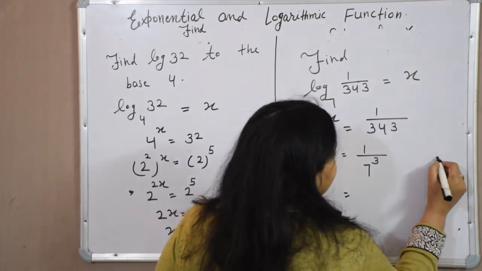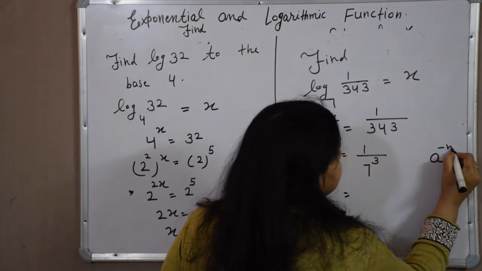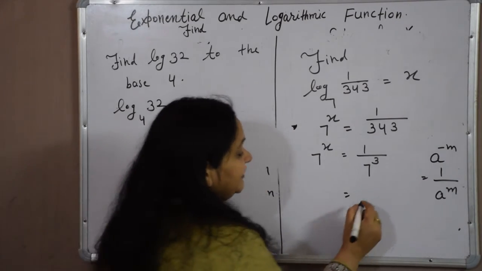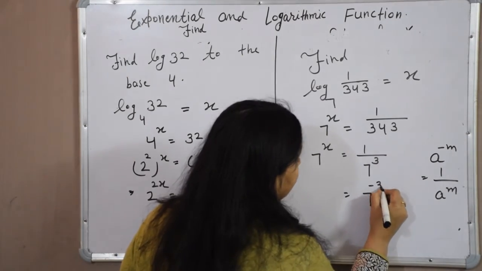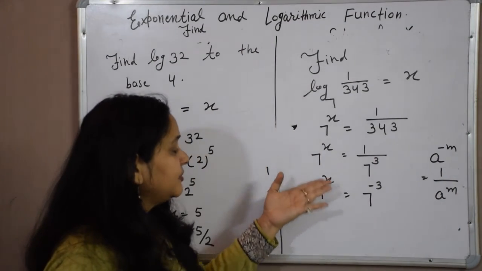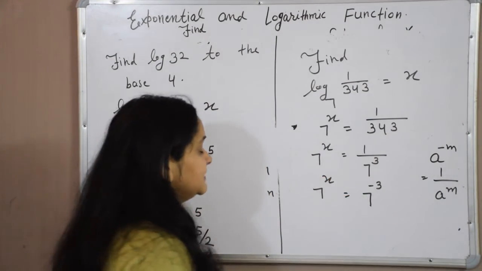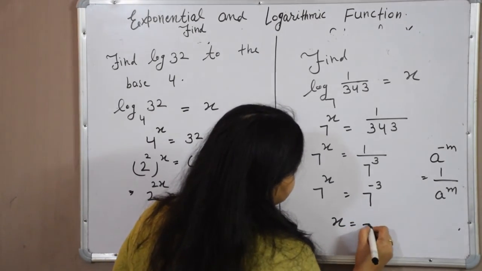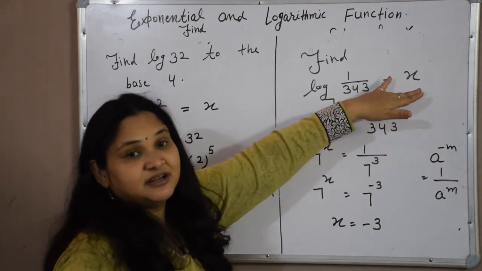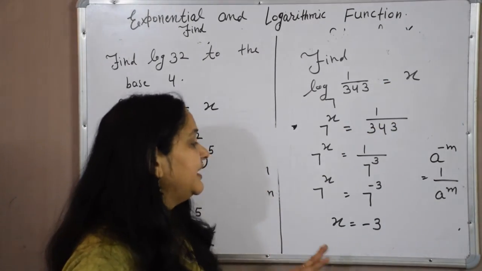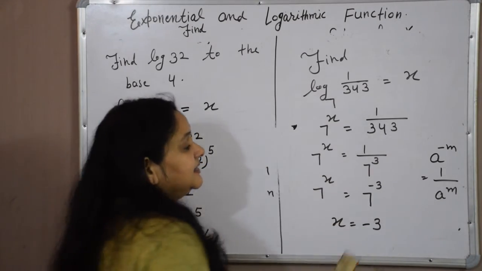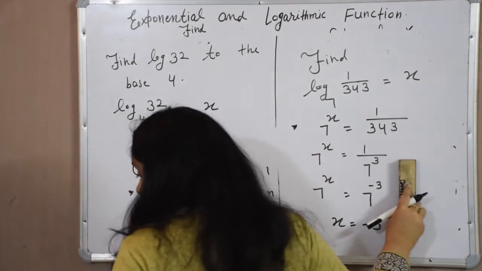One property I have told you, a raised to power minus m is equal to 1 by a raised to power m. By using that property we can write it like 7 raised to power minus 3, and here it is 7 raised to power x. 7 raised to power x is equal to 7 raised to power minus 3. So we can say that x is equal to minus 3, and there is no restriction with this x. It can be any real number, positive, negative, fraction, there is no problem. So x is equal to minus 3 is our answer.